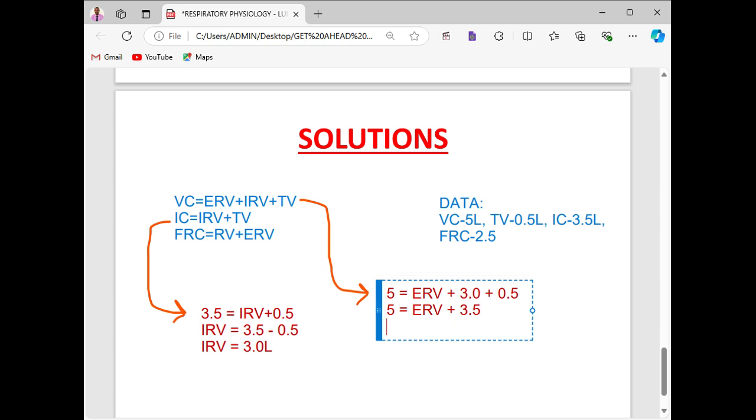Then ERV will be equal to 5 subtracting 3.5, which will give you an ERV of 1.5 liters when you press on your calculator.